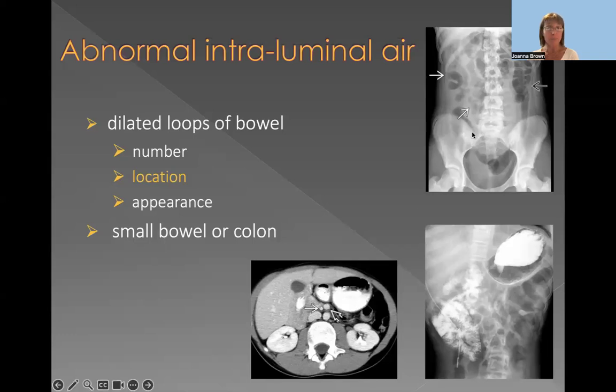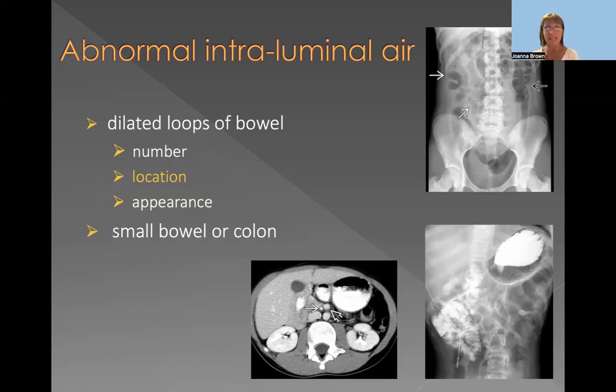If the X-ray that you can see here was interpreted by someone who is dealing with children, they would spot the difference and abnormal position of the bowel loops. You could avoid doing the CT on this child because the diagnosis is visible on the X-ray.